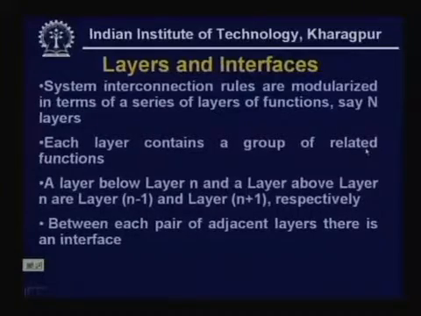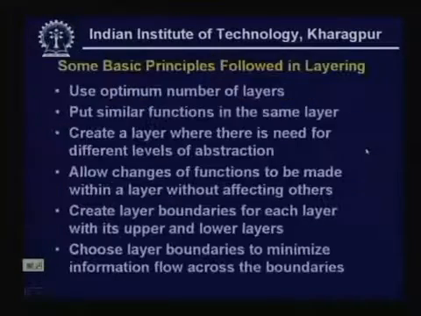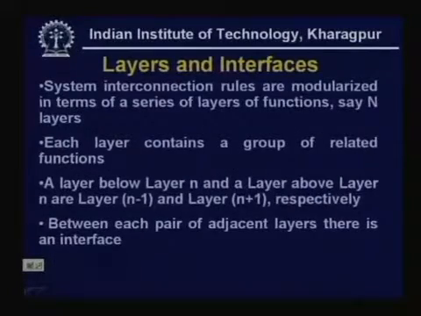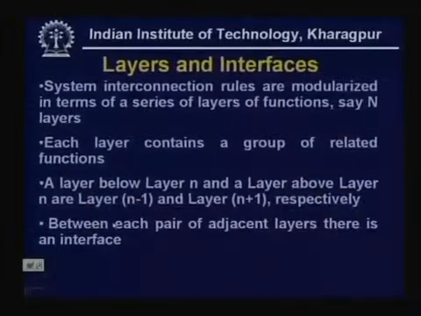Then the system interconnection rules. Here as I was mentioning, we have to create layers and also the interfaces between layers. In such a case, we have to see that the system interconnection rules are modularized in terms of a series of layers of functions, say n layers.